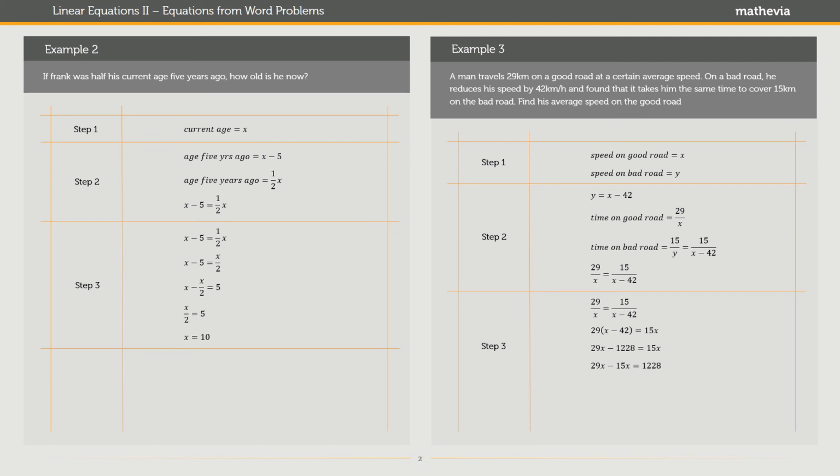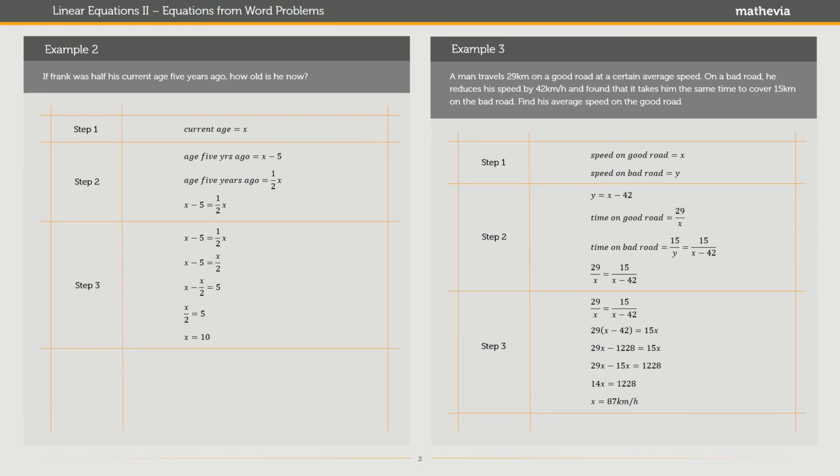When we bring 15x over to the left and minus 1228 over to the right, we have 29x minus 15x equals 1228, and 29x minus 15x equals 14x. So we have 14x equals 1228, and we divide both sides by 14, and it gives us our final answer: x equals 87 kilometers per hour.